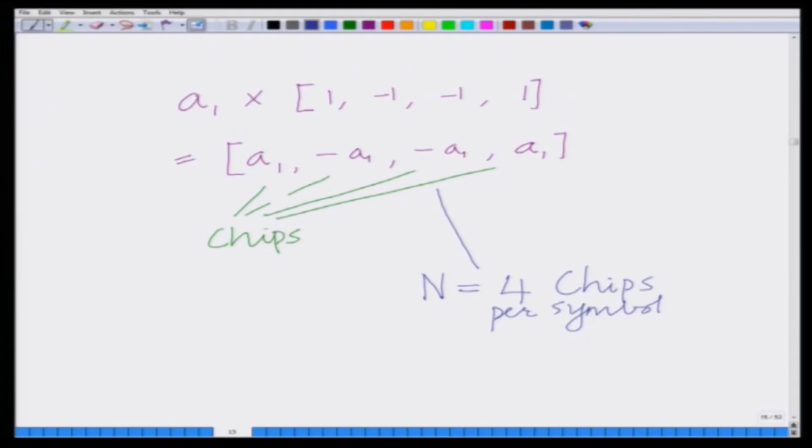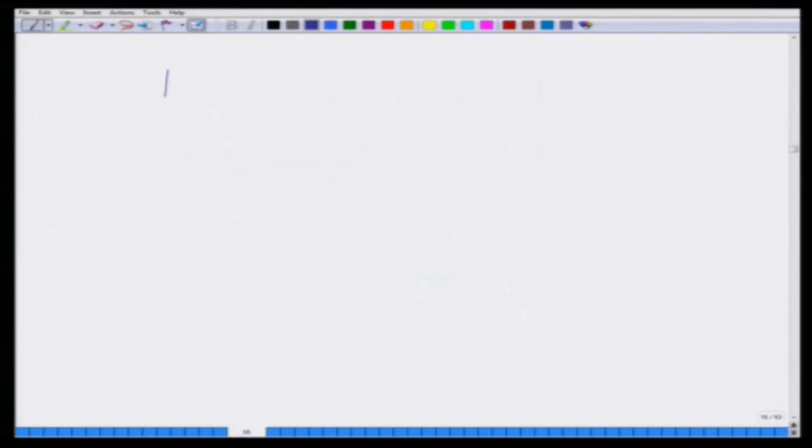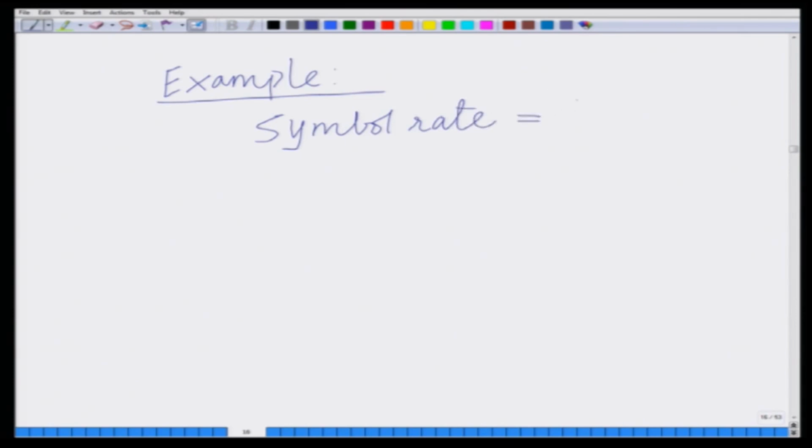Now, consider a simple example in which the symbol rate equals 1 kilobits per second, which implies there are 1000 symbols per second.